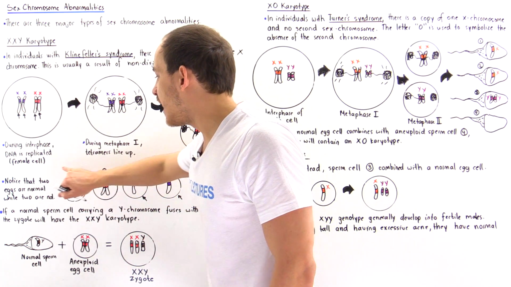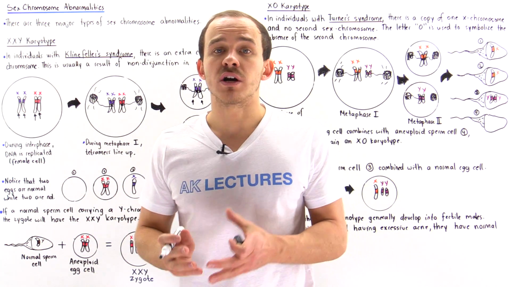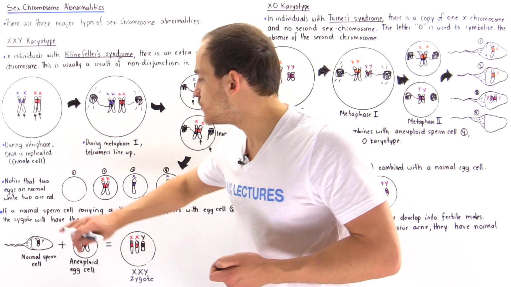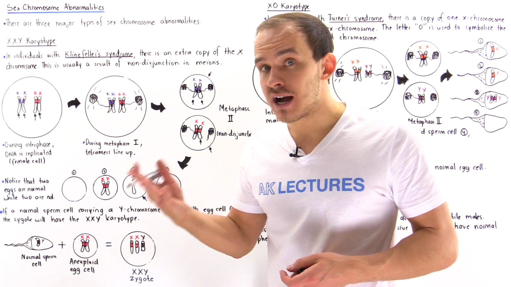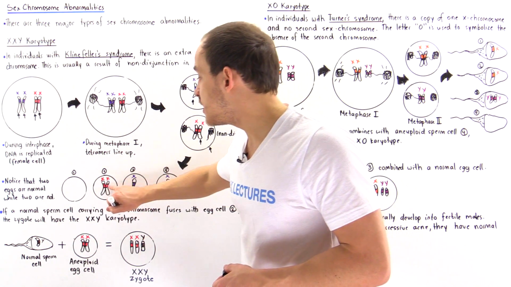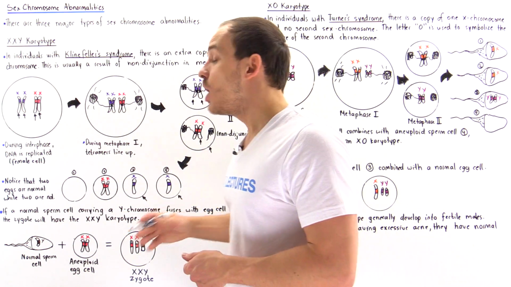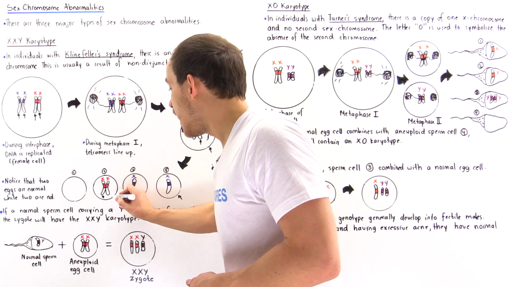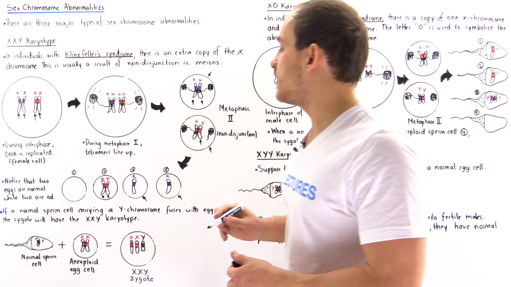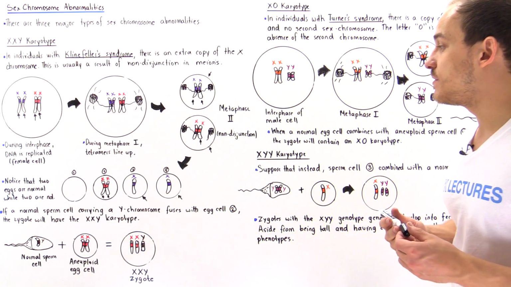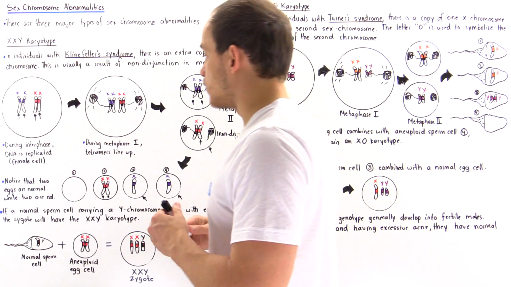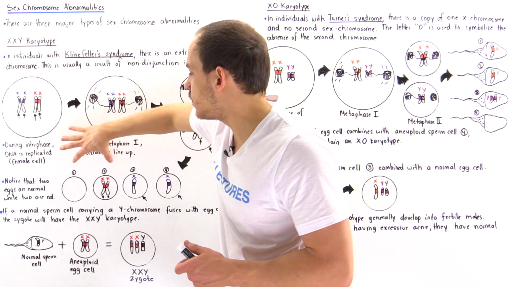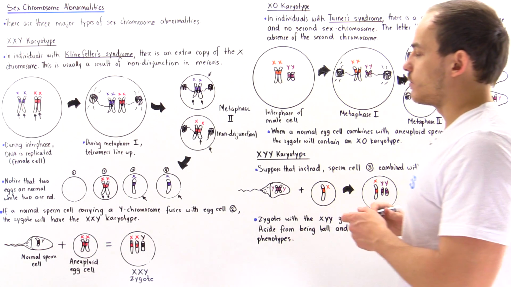And these two cells, cell number 1 and cell number 2, are abnormal. They're called aneuploid. That's because this one lacks a copy of a sex chromosome, and this one has an extra copy, one more than it should. So we have one copy and the second, additional copy of that X sex chromosome. So notice that these two are normal, and these two are abnormal.